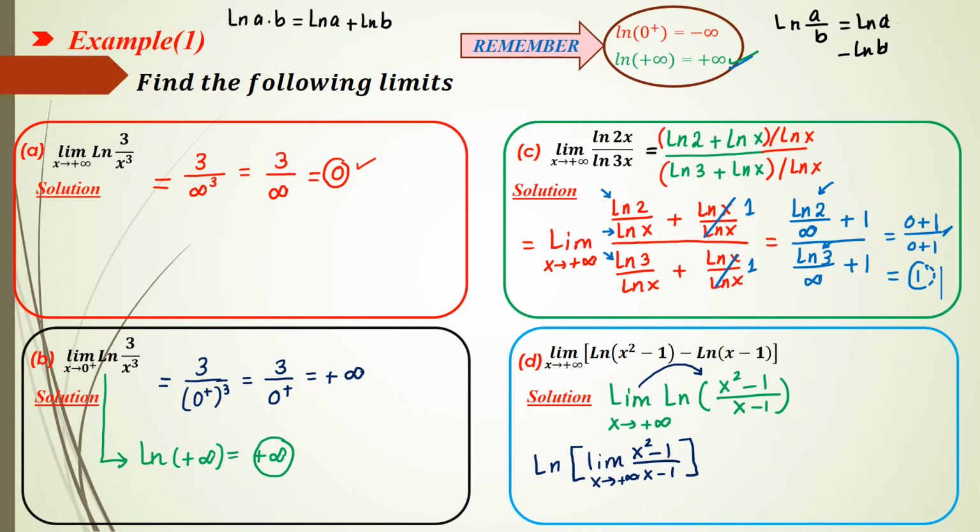So here you have to cut minus 1, and here you have to cut minus 1, and you will get ln of the limit of x, because x squared divided by x equals x when x goes to positive infinity. Now replace x with infinity in our limit, you will get ln of positive infinity, and this equals positive infinity.